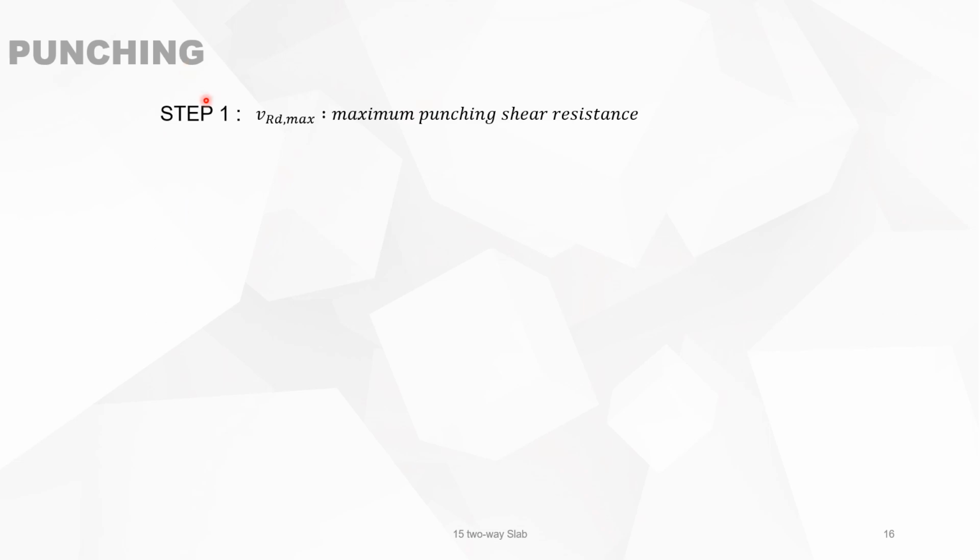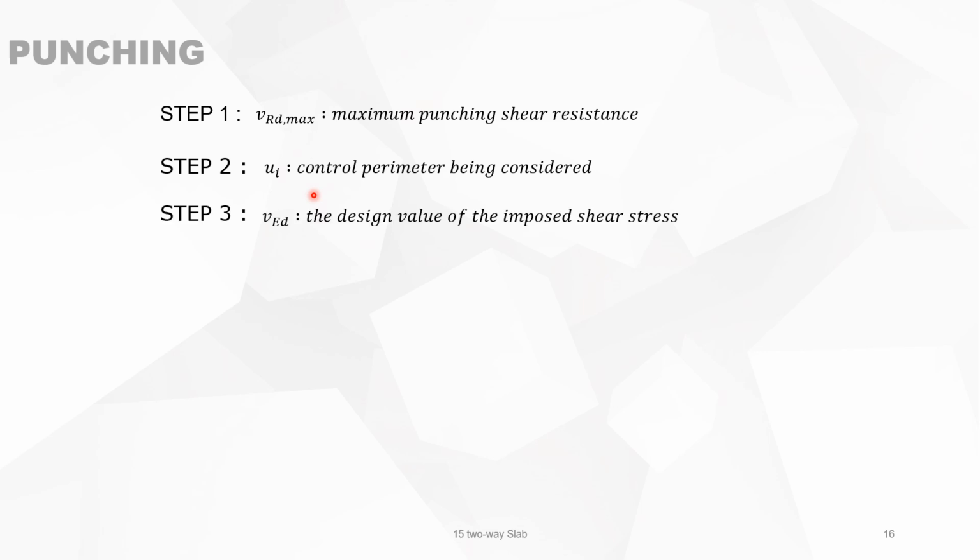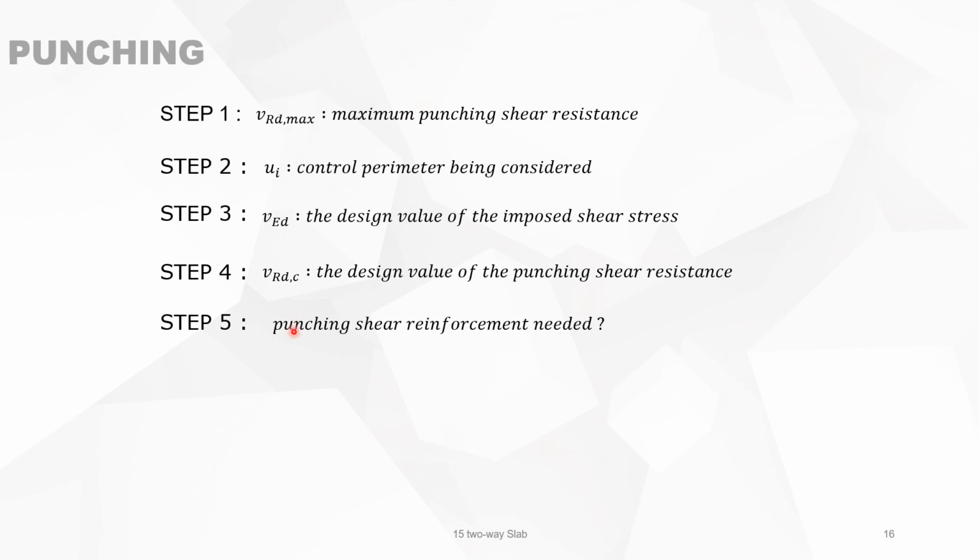Step 1, we start with the calculation of VRD max, the maximum punching shear resistance. Step 2, we define the first, second, and so on control parameter. Then we calculate the design value of the imposed shear stress alongside this control parameter. Then we calculate the design value of the punching shear resistance of the concrete.